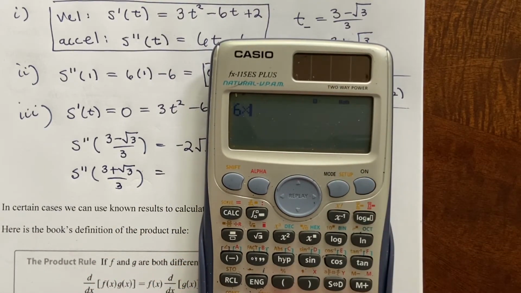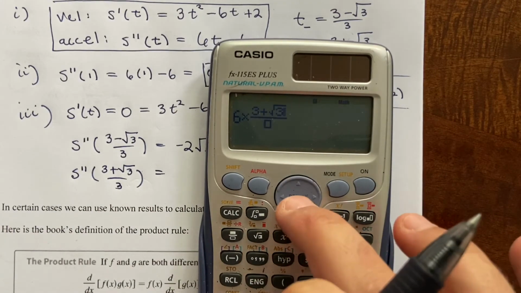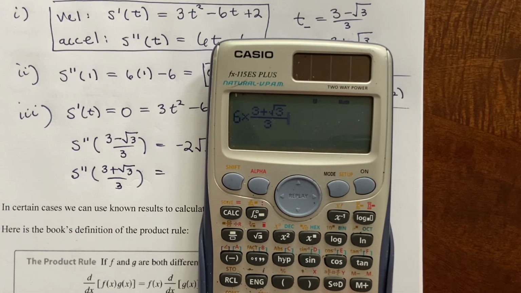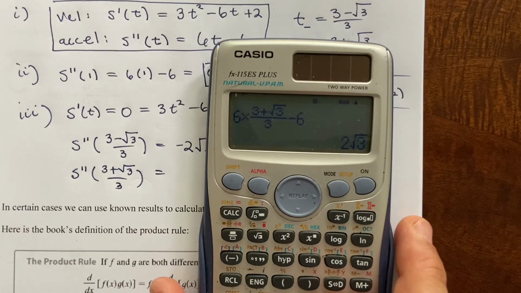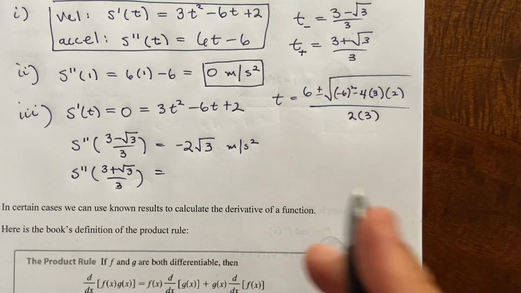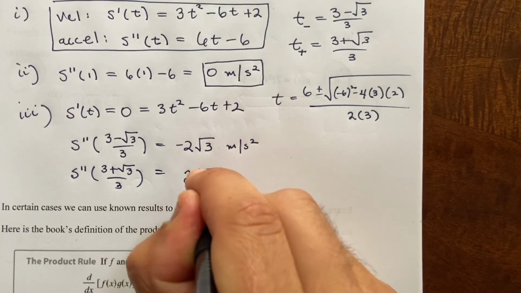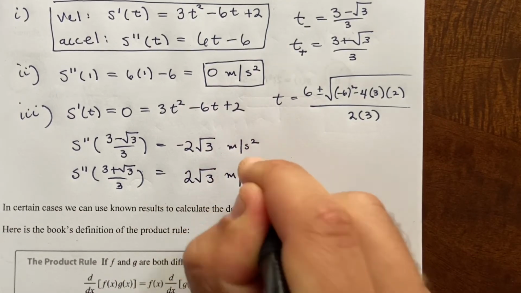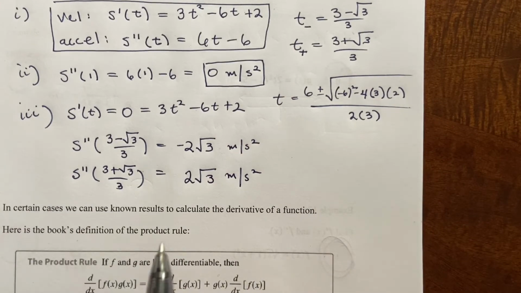So 6 times 3 plus root 3 over 3, and then minus 6. So positive.